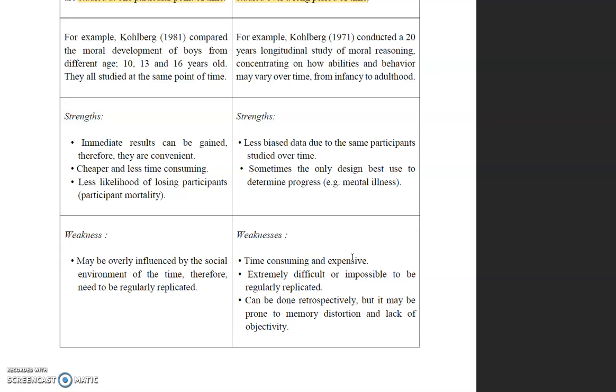You are determined to study a subject for 15 years, and that would not be that cost effective. It would cost you a lot of money, and it's extremely difficult or impossible to be regularly replicated, to be conducted again. Whereas a cross-sectional research can be easily replicated.